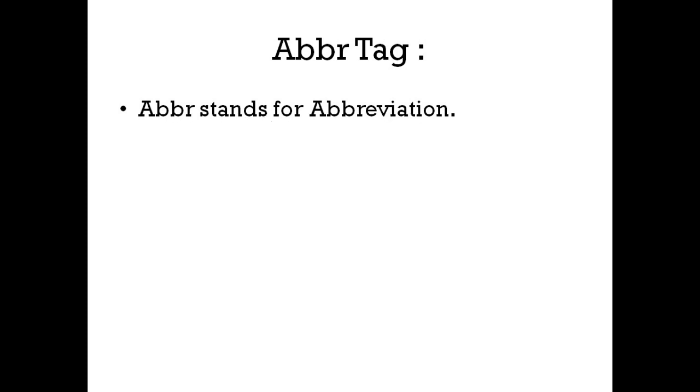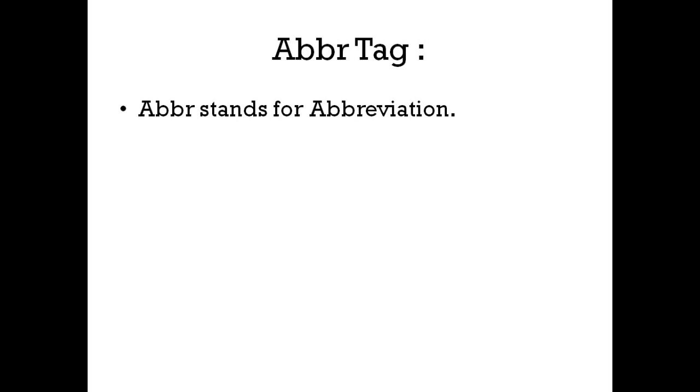Okay, abbreviation means what? Let's say I have this text in the Chrome browser, and when I move my cursor on this text, it will show me something about that text. Let's say there is HTML written in Chrome.